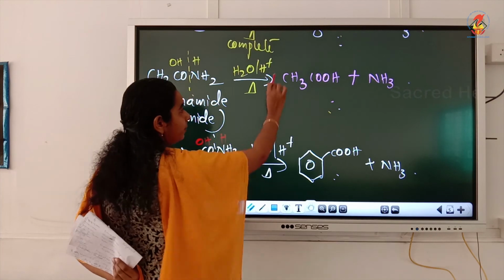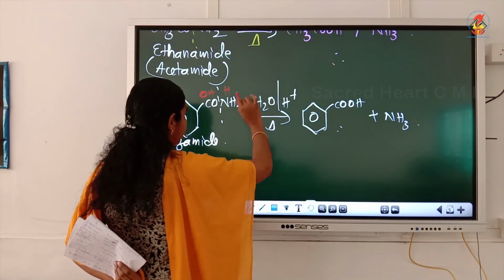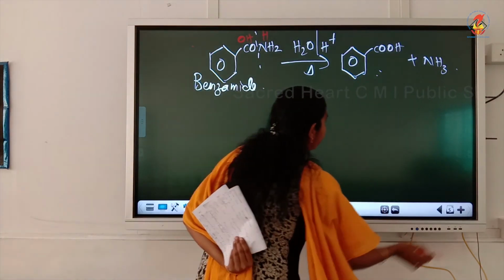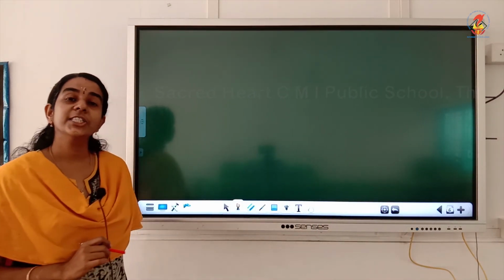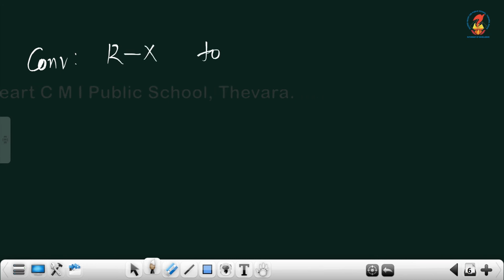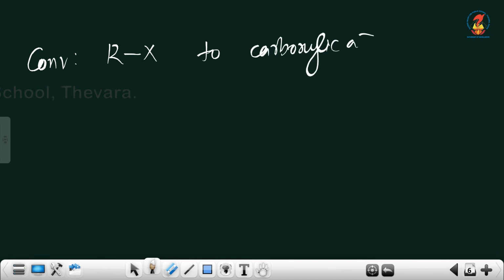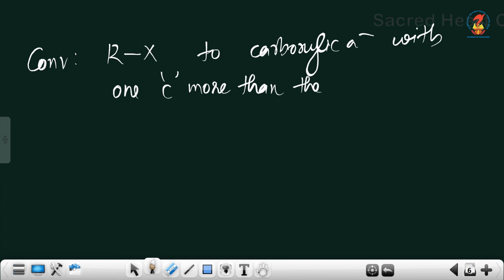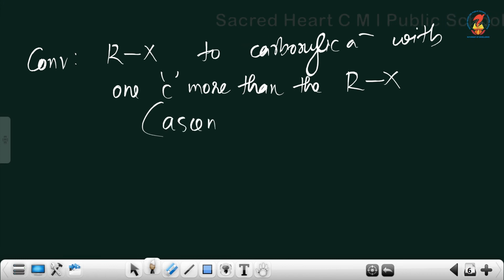Now note down: this method is used to convert alkyl halides to carboxylic acids with one carbon more than the alkyl halide, and such series are known as ascending series.